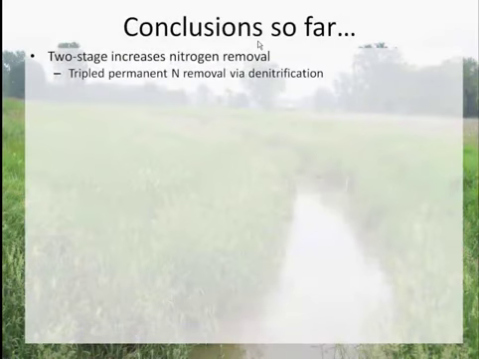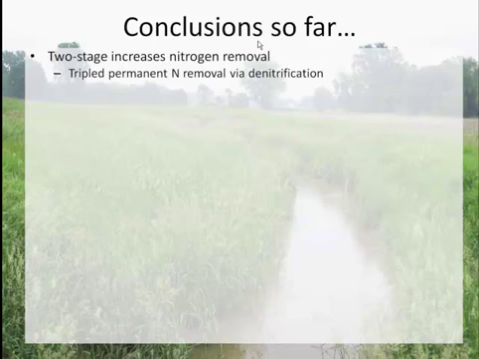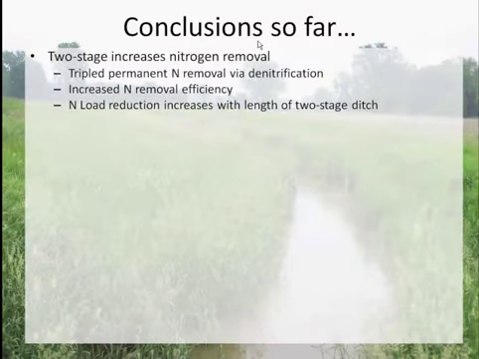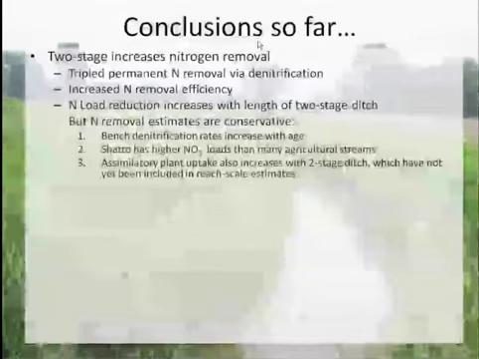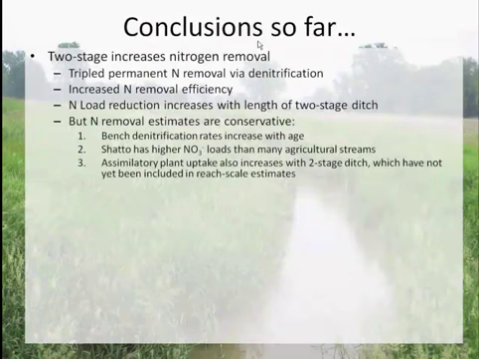Just to recap everything I've said, I've presented a lot of data. The two-stage increases nitrogen removal. At Shadow, it tripled the permanent N removal via denitrification. It also increases the N removal efficiency, and we can further increase N removal efficiency by increasing the length of the two-stage ditch. I also want to point out that we've been conservative with our N removal estimates for a few reasons.